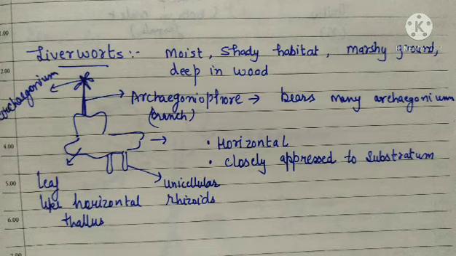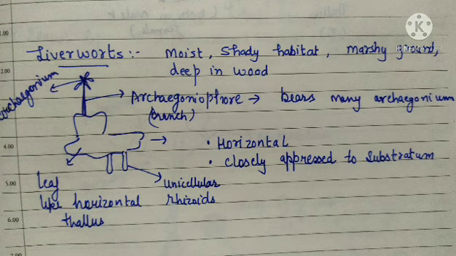So let us study first of all the liverworts. They are found in moist and shady habitats, in damp soil, in the bark of trees and even deep inside the wood.